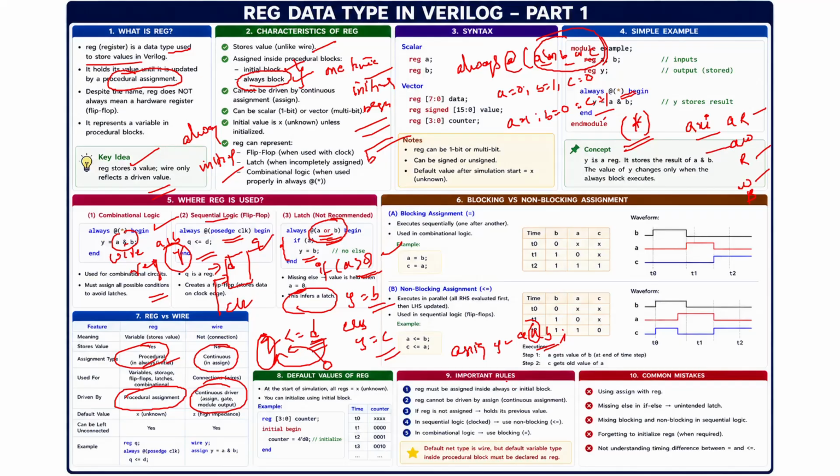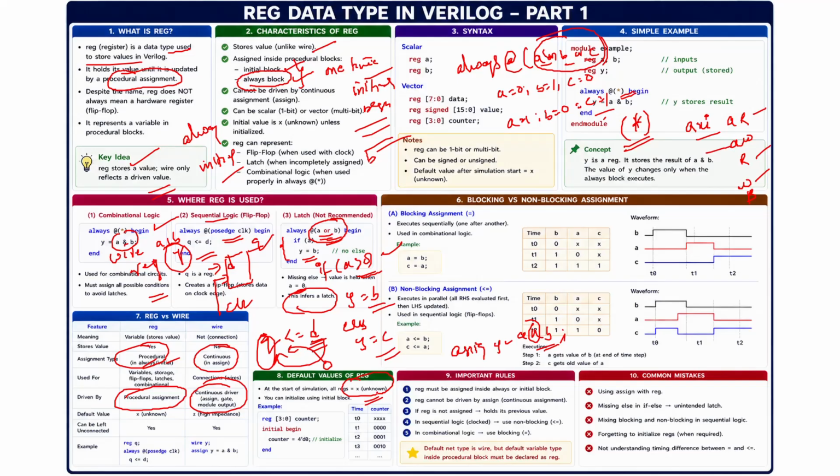If a wire is not connected to a source value, then we will get the default value. Here, for these two-state variables, the values are 0. For registers, if you are not giving any value, you are getting the unknown value, that is the default value.